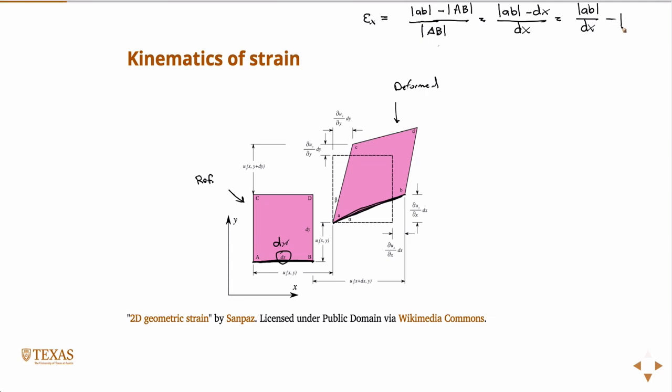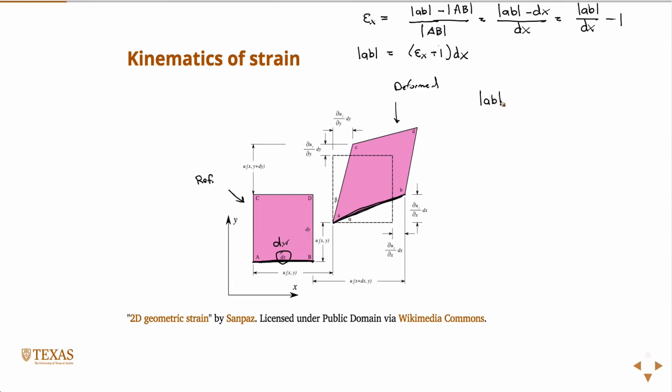Okay? Or if we solve this equation for the magnitude AB, then we have epsilon x plus 1 dx. All right? So the magnitude AB, AB is just a vector.